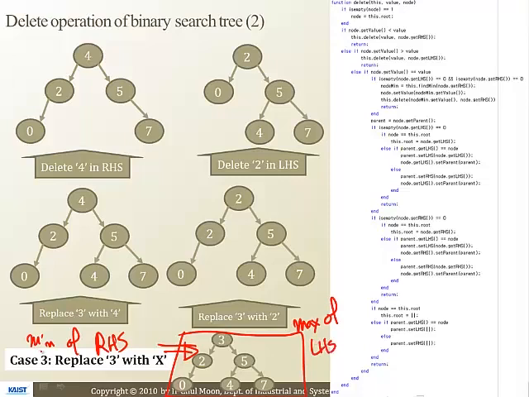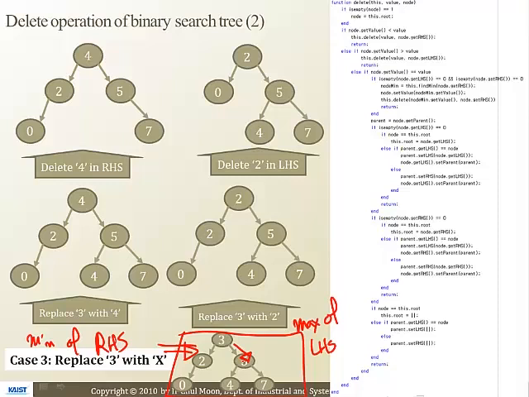So how do we find the minimum of the right-hand side? First, we go to the right-hand side and keep going left. Going left means going to lesser values until we hit empty.